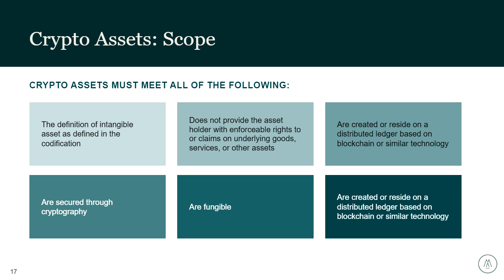So under the current generally accepted accounting principles, crypto assets are generally accounted for as indefinite life intangible assets. And this accounting results in the initial measurement of that crypto asset at cost and subsequent impairment evaluation, which is also referred to as the cost less impairment model.